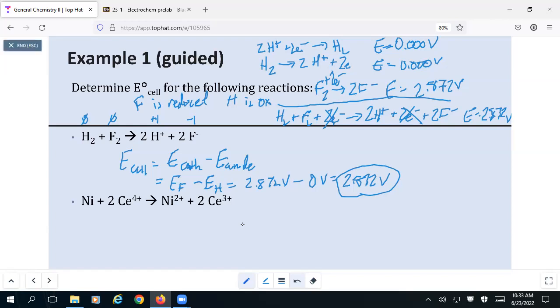Here I've got nickel turning into nickel 2+. So there'd be a pair of electrons there as well. If I look at my reduction potentials, the opposite process for nickel would be negative 0.251.